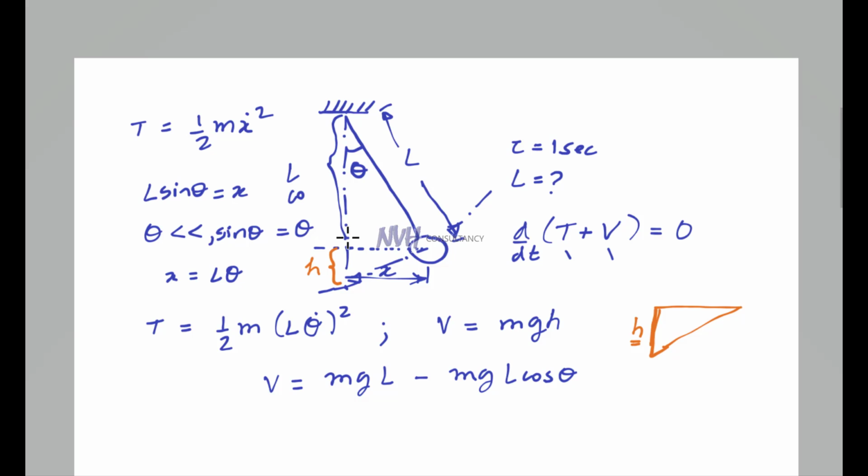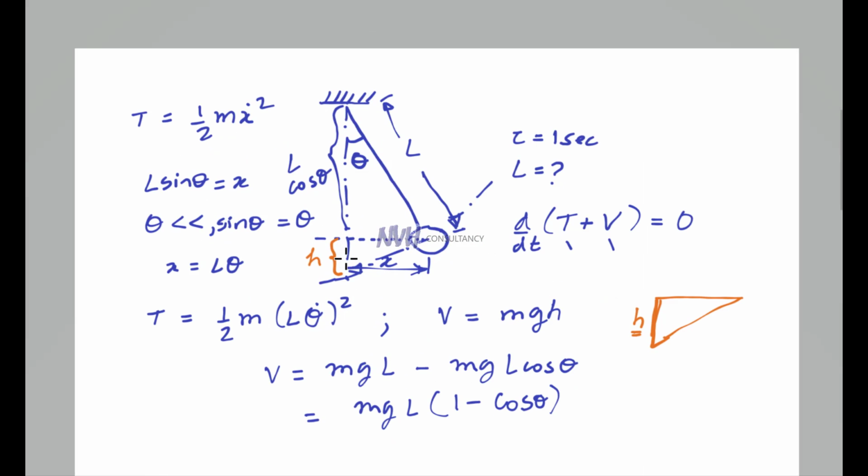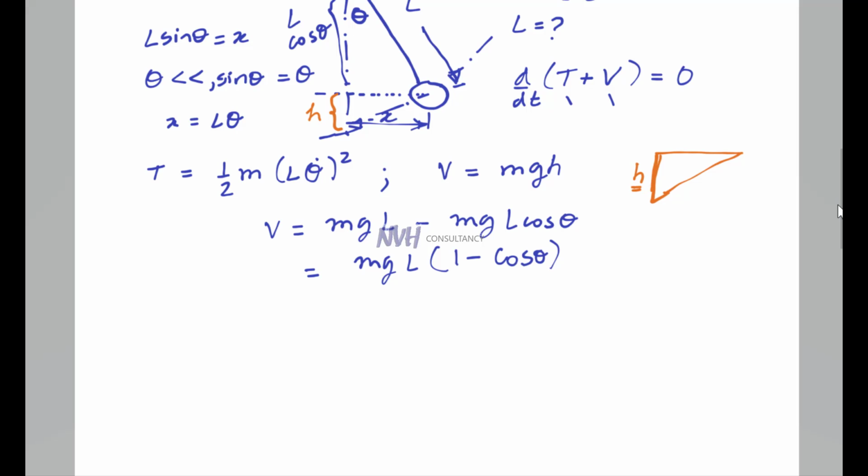So what you have is mgL, with mgL common, times 1 minus cosine of theta. So this is your V.